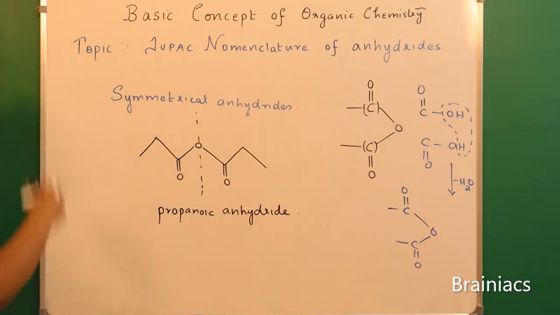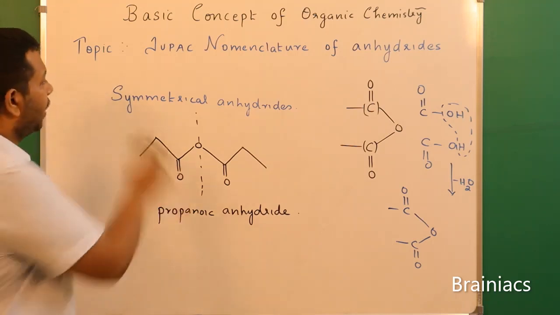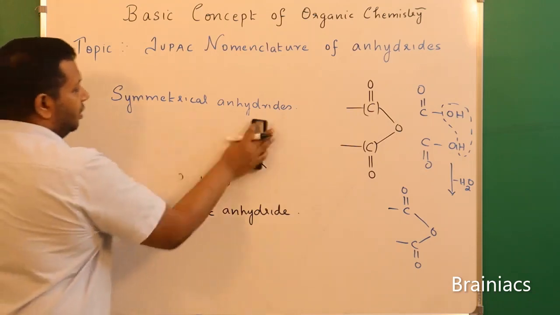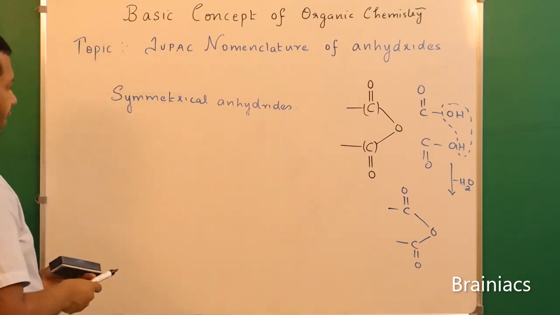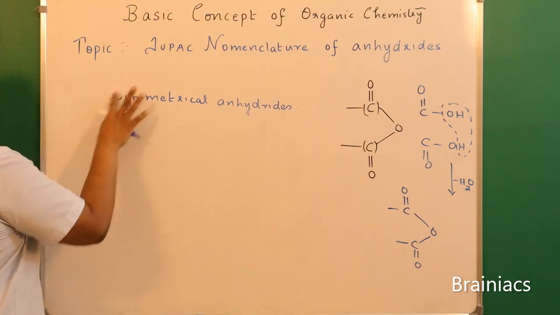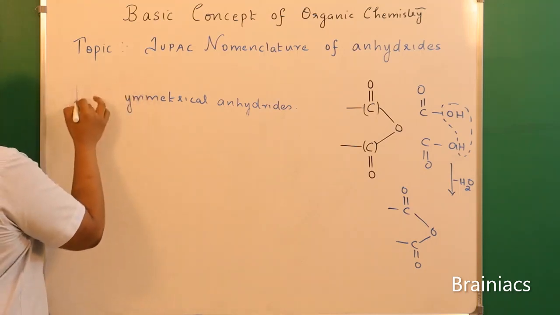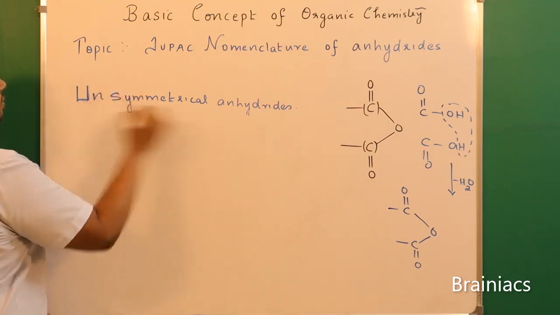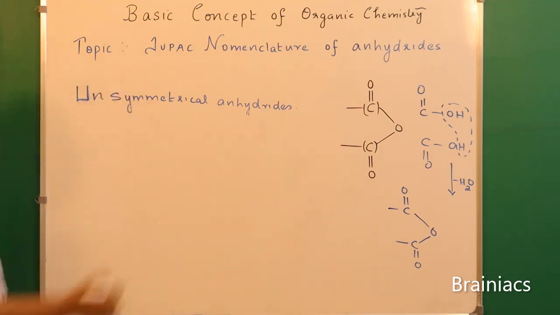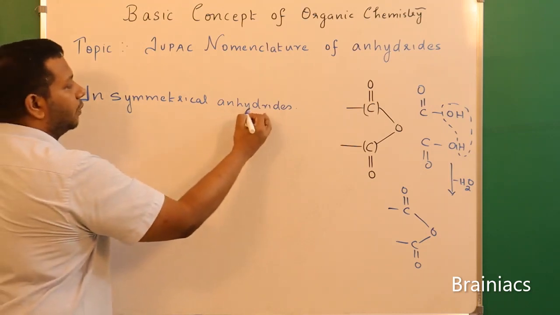We will go with the next class of anhydrides that are called unsymmetrical anhydrides. So I can write here unsymmetrical anhydrides, and we will see how to name that compound.